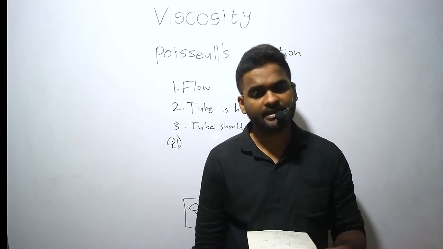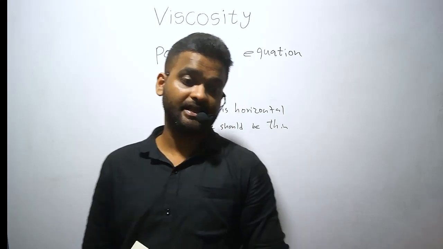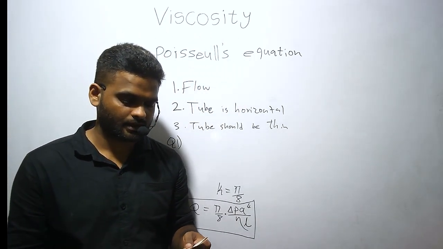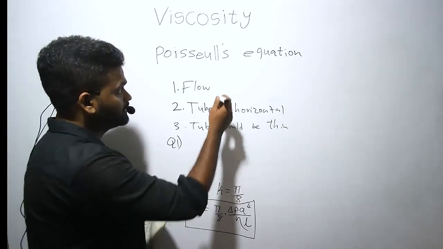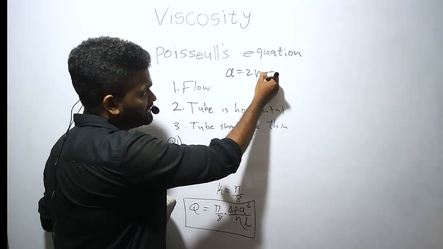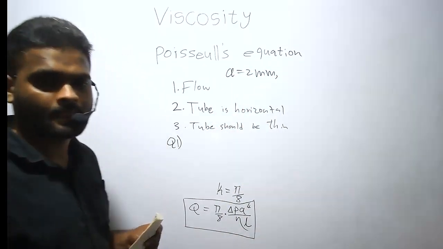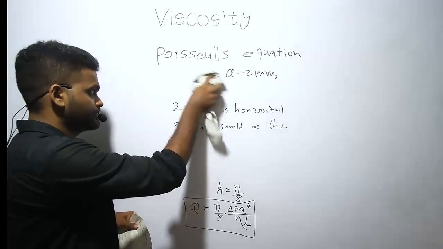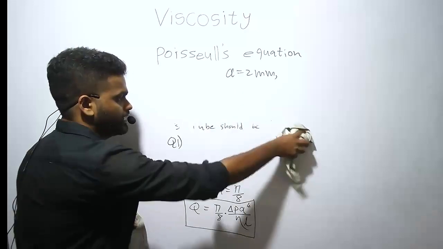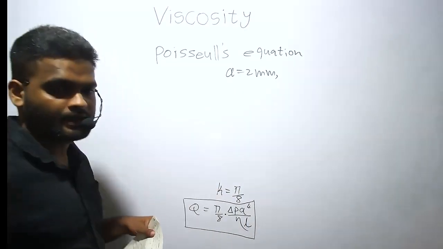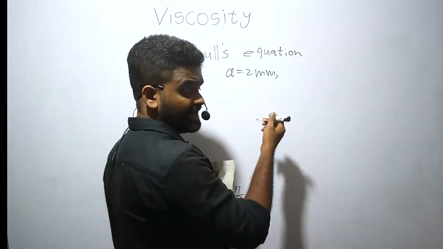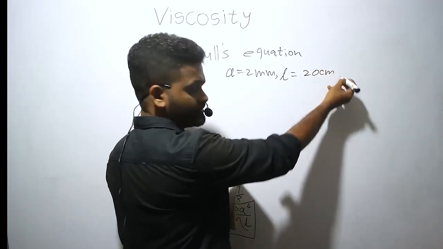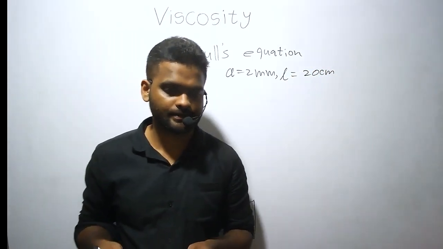Radius of a capillary tube is 2 millimeters, and length is 20 centimeters.